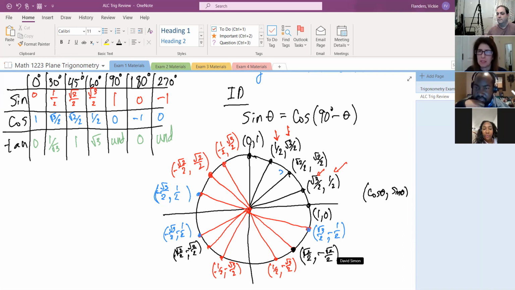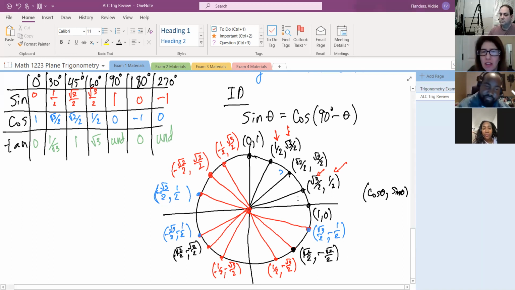Okay, I just want to say one thing before I snip it. All these points here have angles over here in the chart, or they have a reference angle. Your first quadrant is 30 degrees, 45 degrees, 60 degrees. In the second quadrant, these angles are going to have those as reference angles.